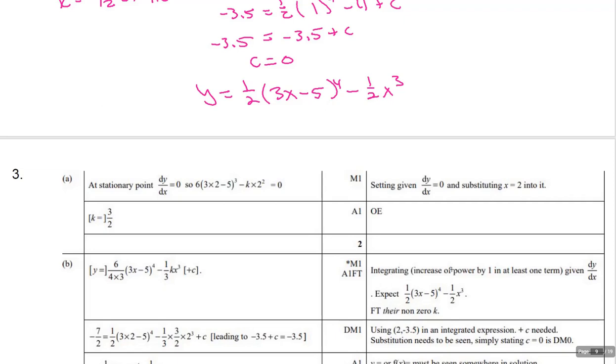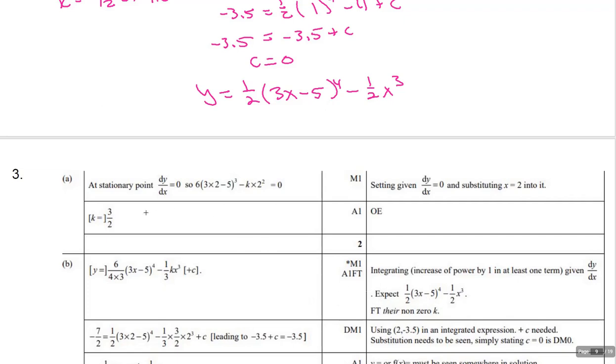So integrating and increasing the power by 1 in at least one term. Okay, so making some attempt to integrate this is going to get you a method point. You have to show some kind of, by adding an exponent, they're realizing you're not doing the derivative. And then if you follow through, so say for example you integrate incorrectly, but you get something like this, you can get this point.